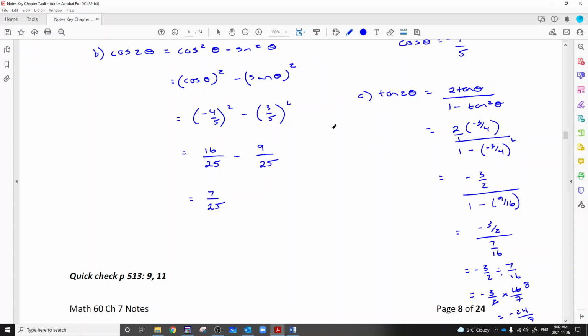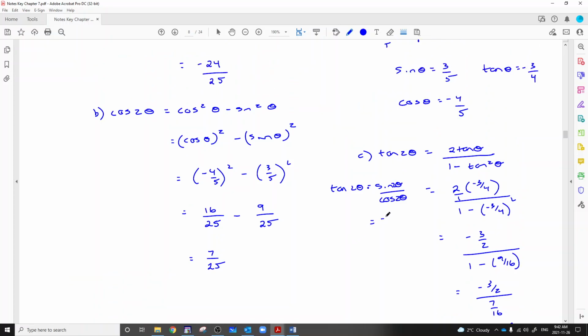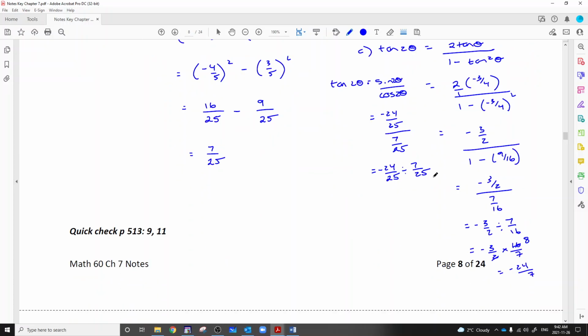What you could have done is said that tan 2 theta is equal to sine 2 theta over cos 2 theta, which is equal to, now the sine of 2 theta we found was -24 over 25, and the cos of 2 theta was 7 over 25. So that's -24 over 25 divided by 7 over 25, or you could multiply the compound fraction by 25 over 25, right? You'd end up with -24 over 25 times 25 over 7. Boom, boom. We get -24 over 7.